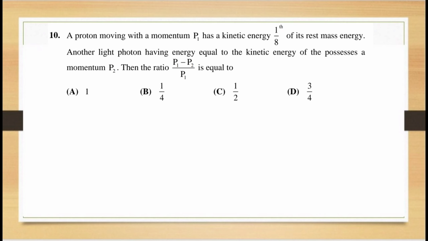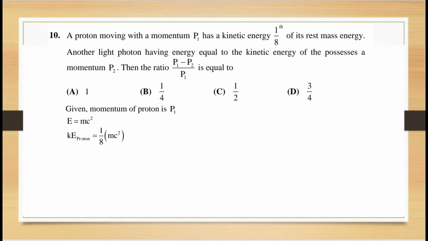So option A is 1, option B is 1 by 4, option C is 1 by 2 and option D is 3 by 4. Here they given that momentum of proton is p1. So we know that the rest mass energy of proton is E equals mc square. So by the given data, kinetic energy of the proton will be KE equals 1 by 8 into mc square.